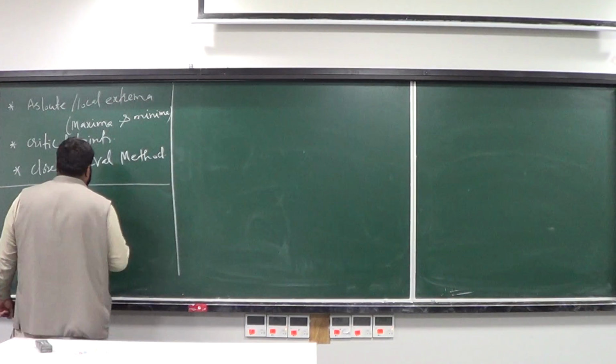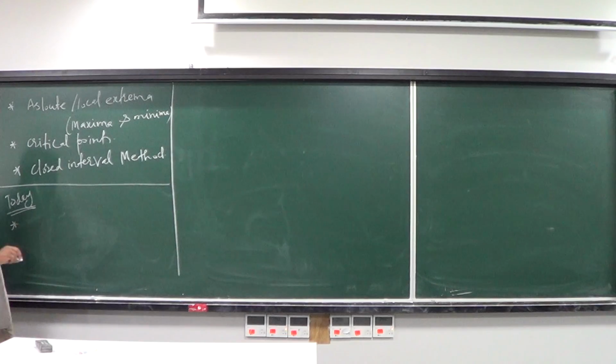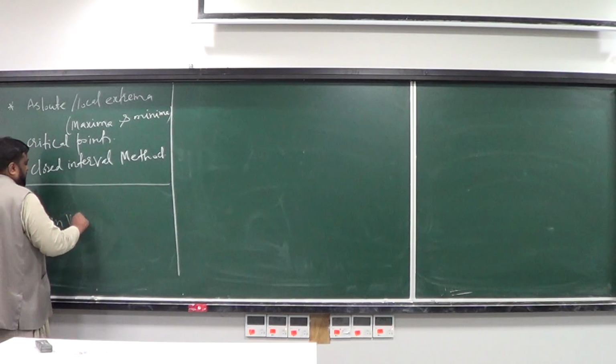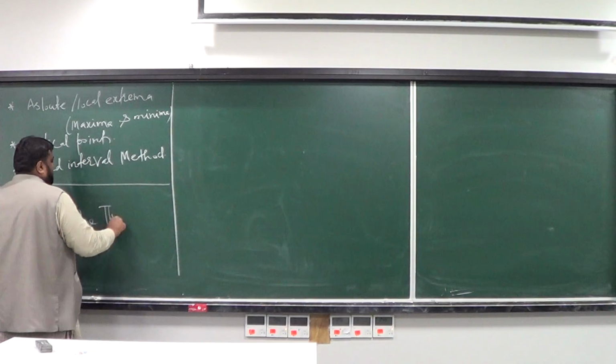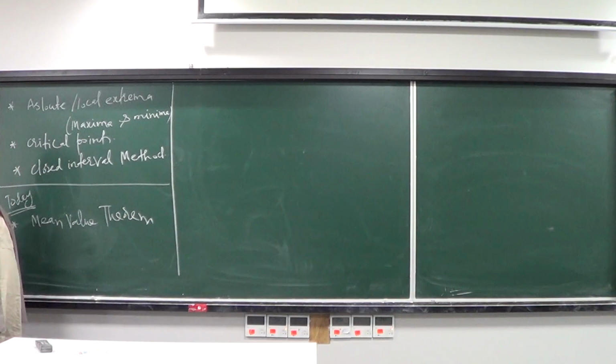So the agenda for today is to consider some more optimization techniques. In particular we will talk about a very interesting theorem, the mean value theorem. We will not prove it, we will just do its intuition and do some things based on it.